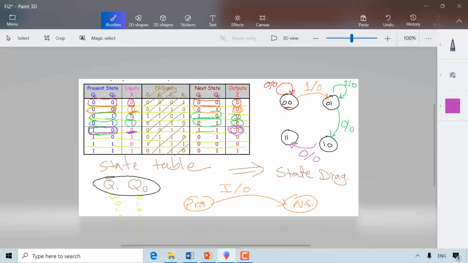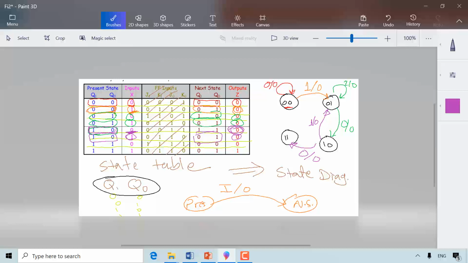Now how about when I have 1, 0 and an input of a 1? I'll have to go to 0, 1, which means go back here, with an output of a 0. So when the input is 1, go back with an output of 0.